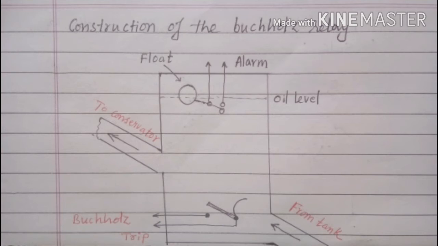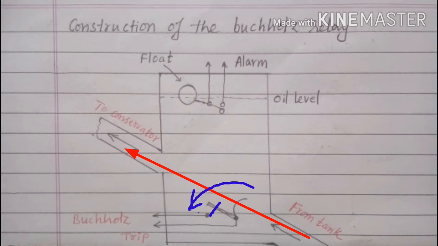When an incipient fault occurs in the transformer, oil temperature starts to increase. Around 300 degrees Celsius temperature, the gases start to evolve, due to which the pressure in the transformer tank increases, causing transformer oil to rush into conservator.